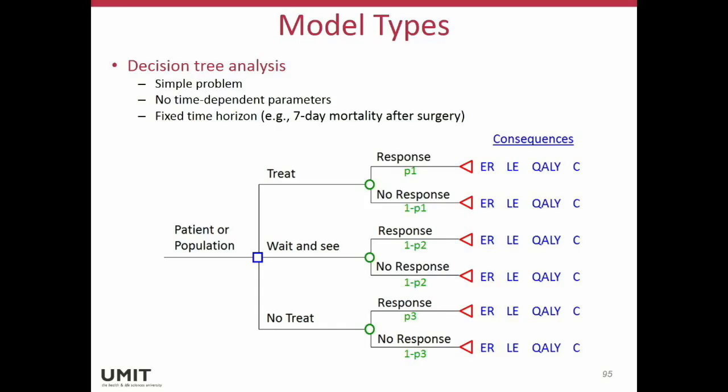We're going to go into detail, and you saw already the decision trees, and later on I'll show you the state transition cohort simulation, how we do this. As a first overview, when to use which modeling approach.